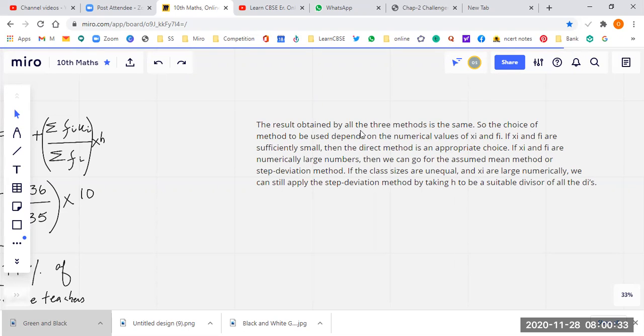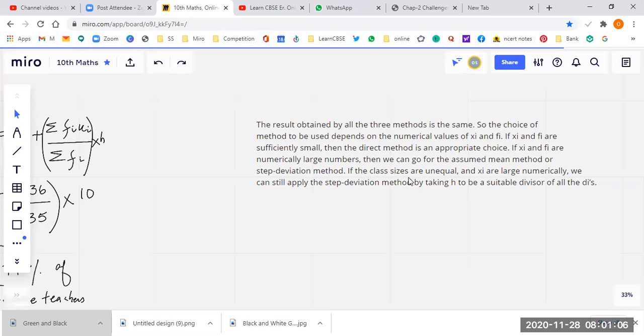Sometimes if you apply all three methods to the same problem, the result will have a slight variation, or they'll be the same. So the choice of method to be used depends upon the numerical values of xi and fi. How? If xi and fi are sufficiently small, then the direct method is the appropriate choice. If xi, fi are numerically large, even if 15, 20, 25, like that also, we can go for the assumed mean or even the step deviation method.